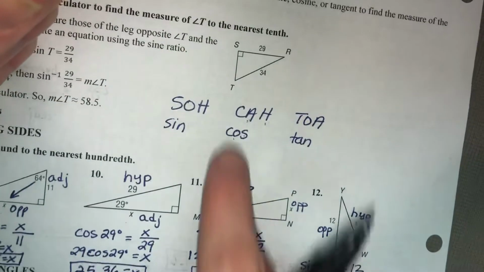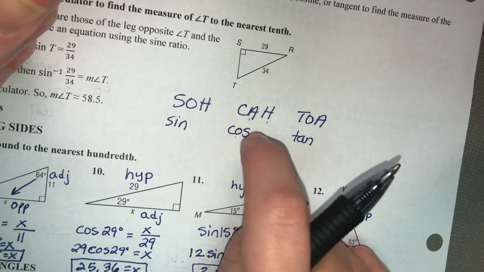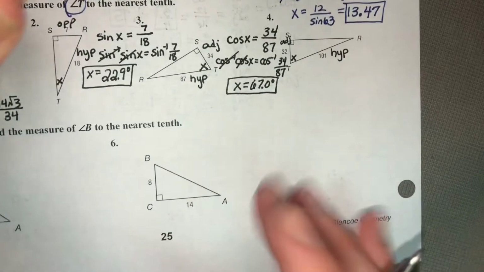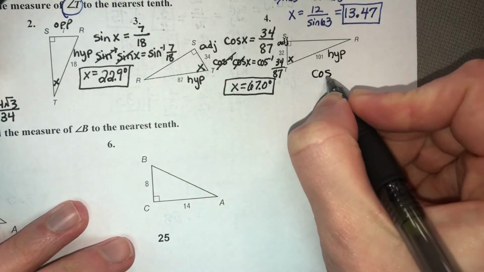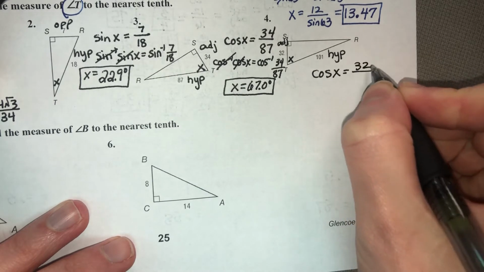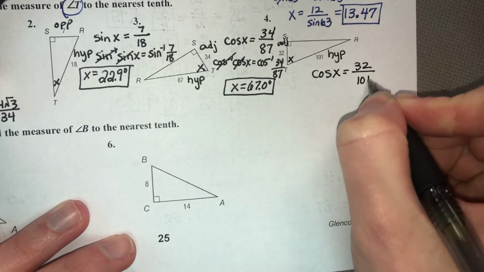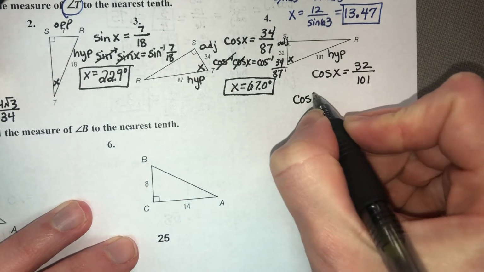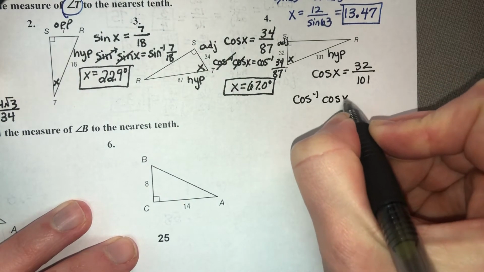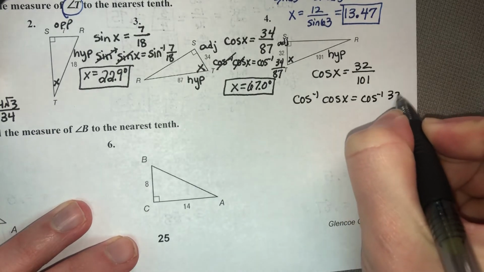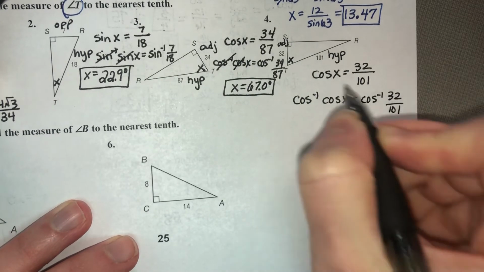That's the cosine. Cosine is equal to the adjacent over the hypotenuse. So I'm going to put cosine of x equals the adjacent side, which is 32, over the hypotenuse, which is 101. And now I'm going to do the inverse cosine to both sides to get the x alone.